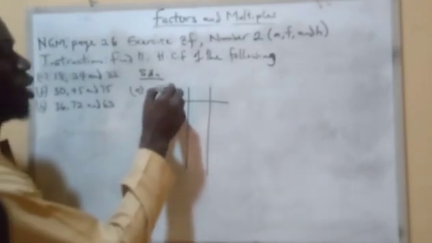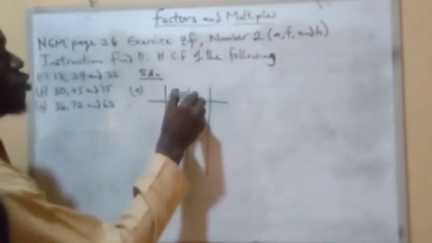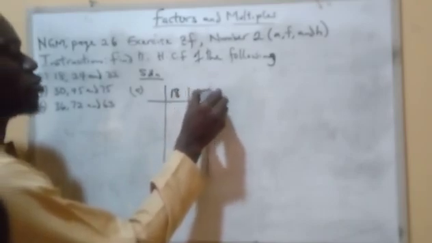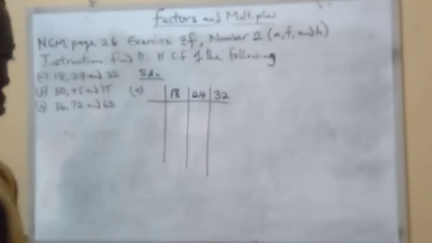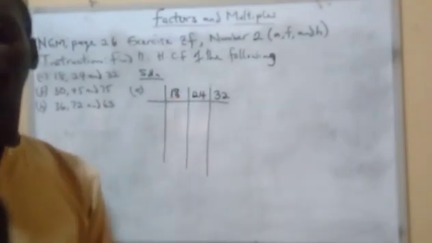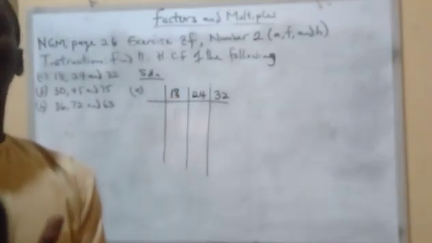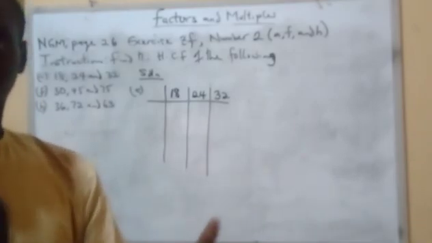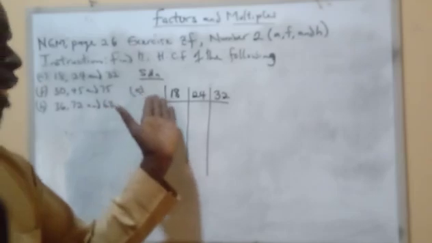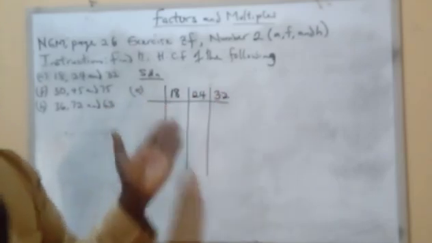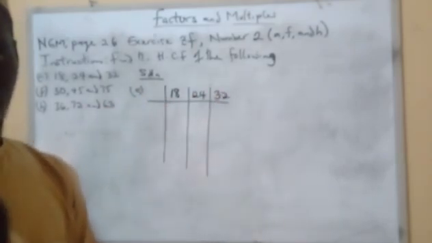So let's start. We have 18, we have 24, and then we have 32. The condition here is that we are going to find a prime factor that divides all the three numbers.